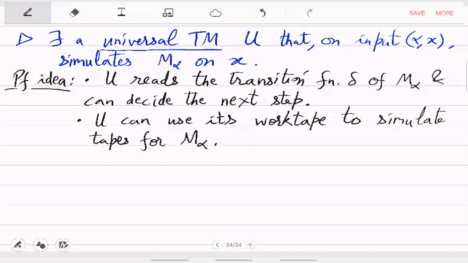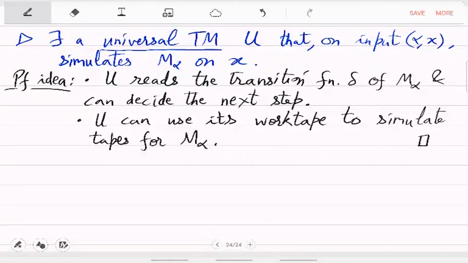They are missing because alpha is just a finite string. There is no infinite memory there. But U has two tapes. In fact, it has this work tape. So on the work tape, it can simulate whatever M alpha wants to do. In the worst case, U can divide its own work tape into an input part and a work tape part, and whatever M alpha says, it can simulate that.